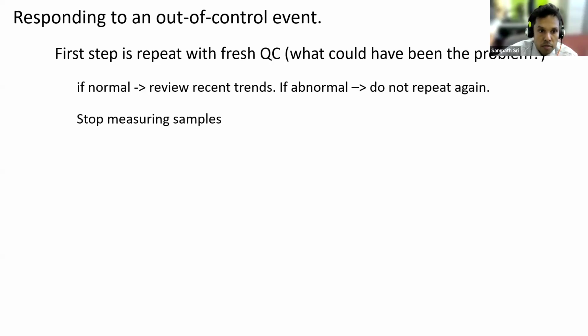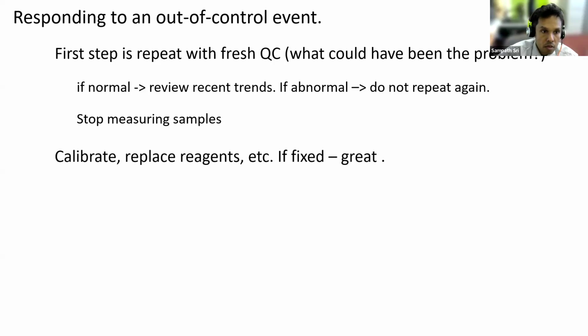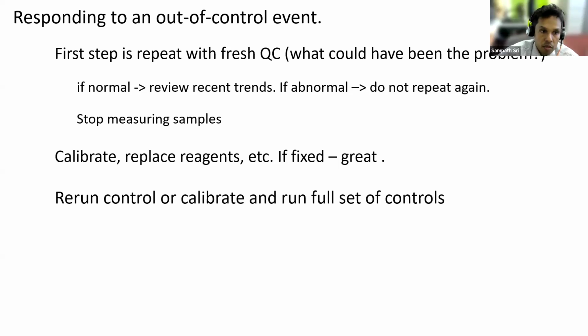We have to stop measuring samples. Then we have to calibrate, or we may have to replace reagents, and then do the QC again. If it is fixed, then we can proceed with the samples and release the results.